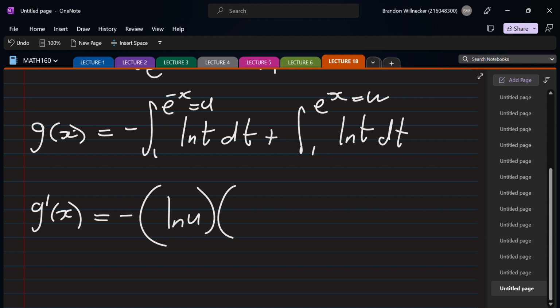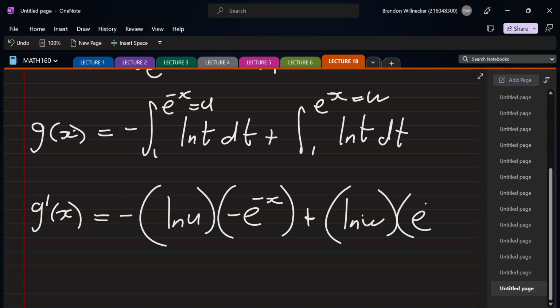So the derivative of e to the minus x is minus e to the minus x. Plus, again, d by dw, that cancels the integral, so we have the w inside, so it's the natural log of w. dw by dx, that's the derivative of e to the x, that's just e to the x.